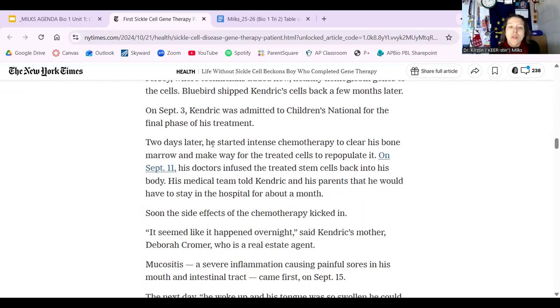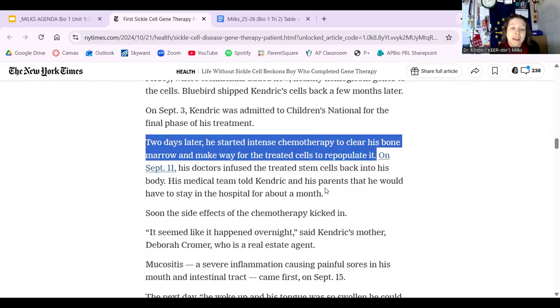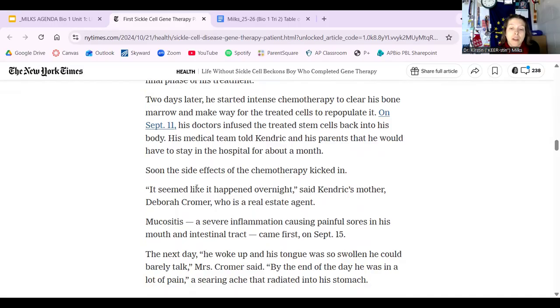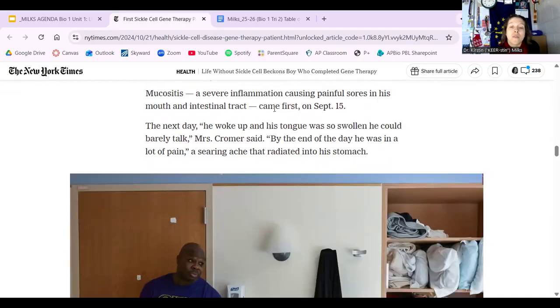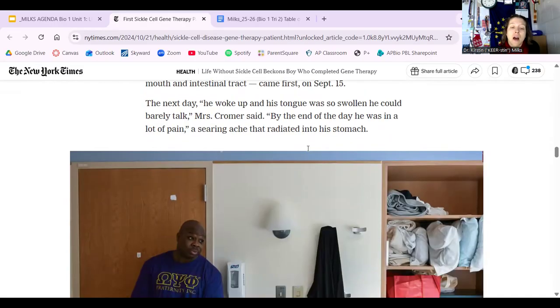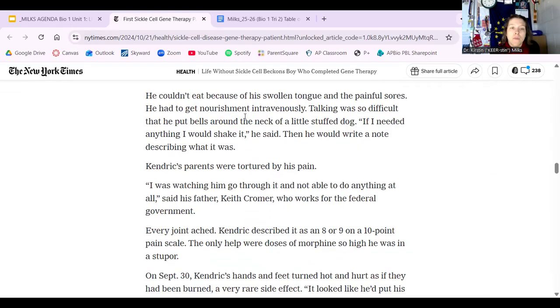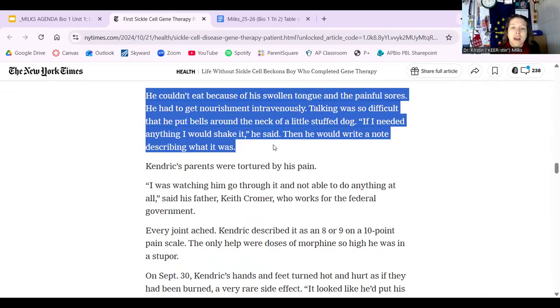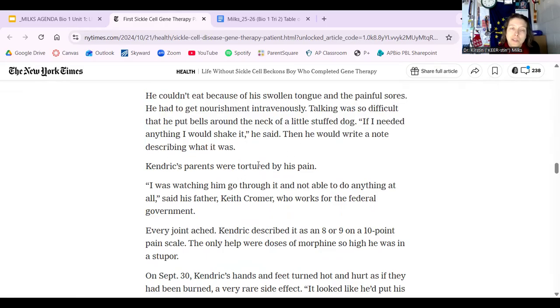Then they killed every single cell in his bone marrow, and they put the new ones back in. He was very, very sick. It was not an easy time for him. He couldn't eat. He couldn't talk. He was tortured by the pain, and his parents were too.